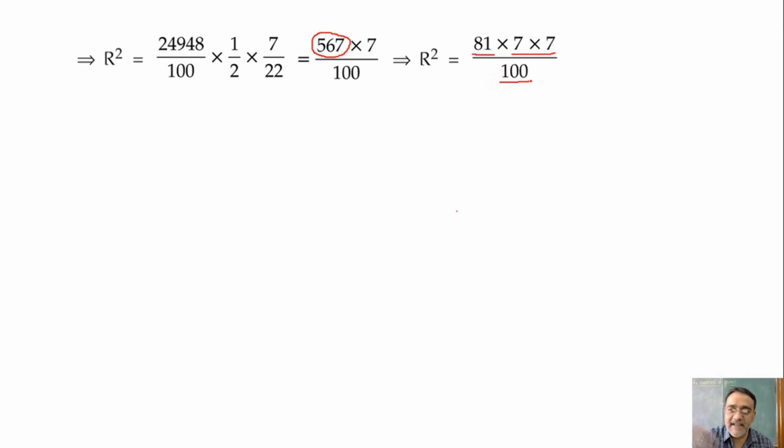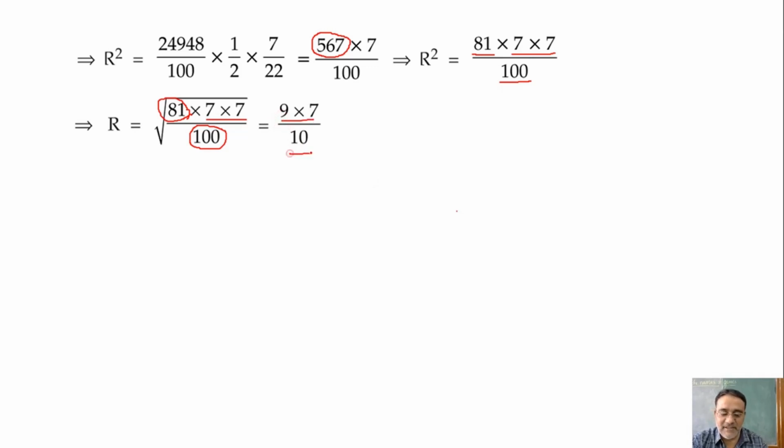So taking the square root is not difficult for this one. So we take the square root. Here 9 will come out, and since there are 2 sevens, 1 seven will come out, and the square root of 100 is 10. So what we are going to get is 9 into 7 upon 10.